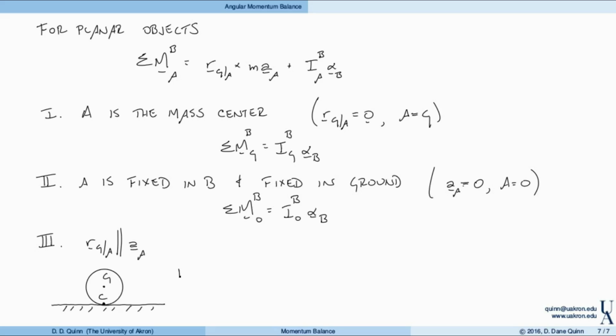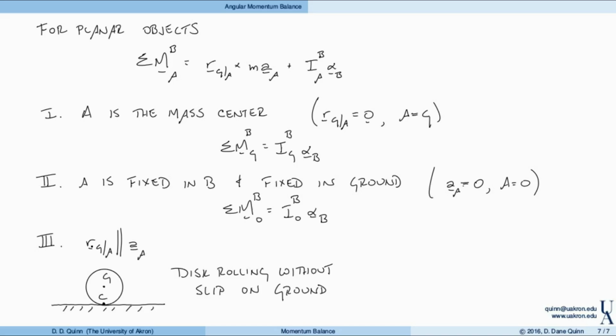So we have a disk rolling without slip on the ground. In this case, one can show that the acceleration of point C is actually directed toward the center of the disk.